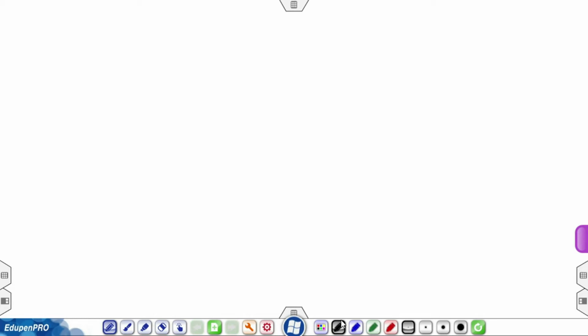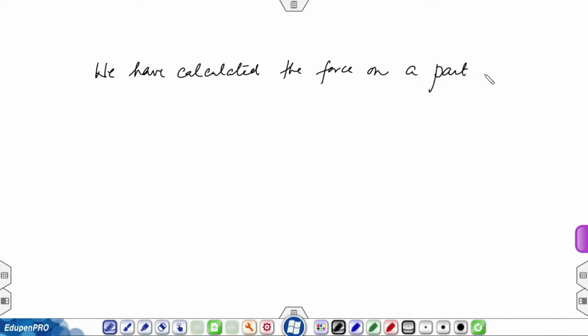So, in the previous lecture, we have calculated the force on a part of a current carrying sheet.